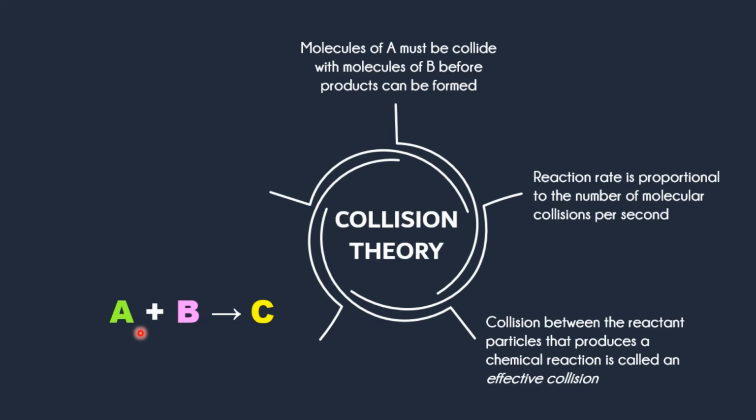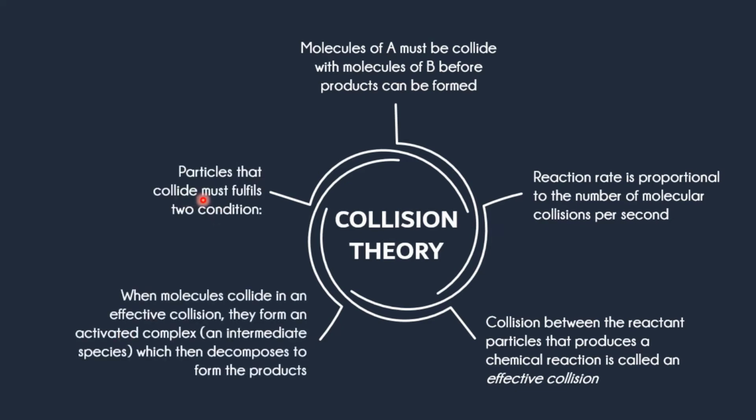So for example, here we have A reacting with B to produce C. C will react again with D to produce E. So here C becomes the intermediate. We produce C, then we use the C. So C adalah intermediate.